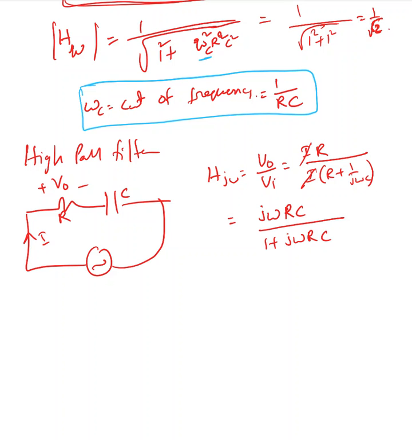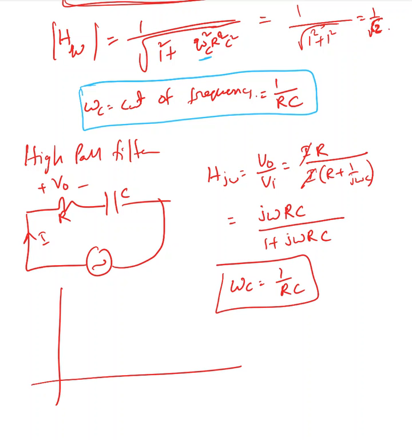Okay, so to get the cutoff frequency here also, I'm going to take that as omega c, as long as omega c equals 1 over RC in this case, then that's where the cutoff frequency is going to happen. So the voltage drop across the resistor at zero frequency, that means DC.